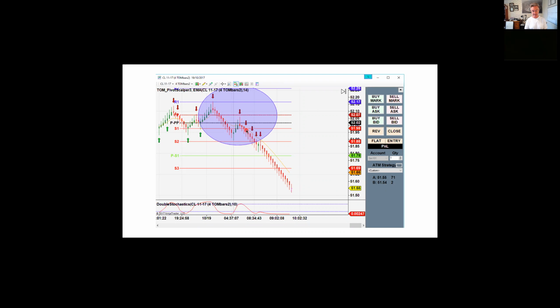You could have conceivably stayed in this trade all the way down to the bottom. But let's pretend we don't see any of this run. We get into this trade, and let's say we get into it a little bit late on the next candle. Then we get another confirmation arrow, another confirmation arrow, another confirmation arrow.